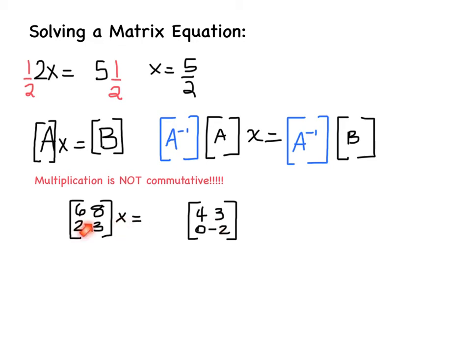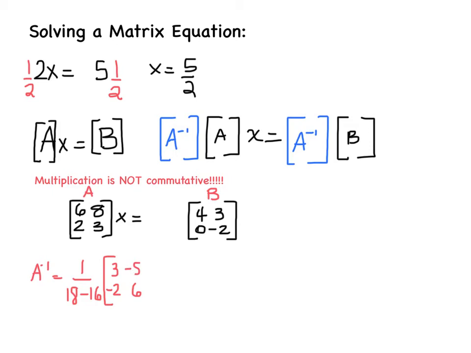So the first thing I have to do is find the inverse of A. So let's just make sure we're keeping track. This is A, this is B. So I want to find the inverse of A. The inverse of A is 1 over the determinant, which is 6 times 3 minus 2 times 8, times the flip-flop.